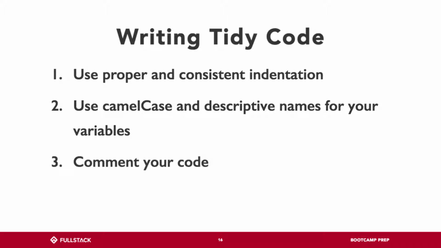One of the sayings in programming is that when you write code, you're actually not writing it for yourself. You're writing it for the developers who are going to come after you and have to look at your code, figure out what's going on, and update and change it. So for your own benefit, as well as for the benefit of the people coming after you, it's super important to write good, clean, tidy code.